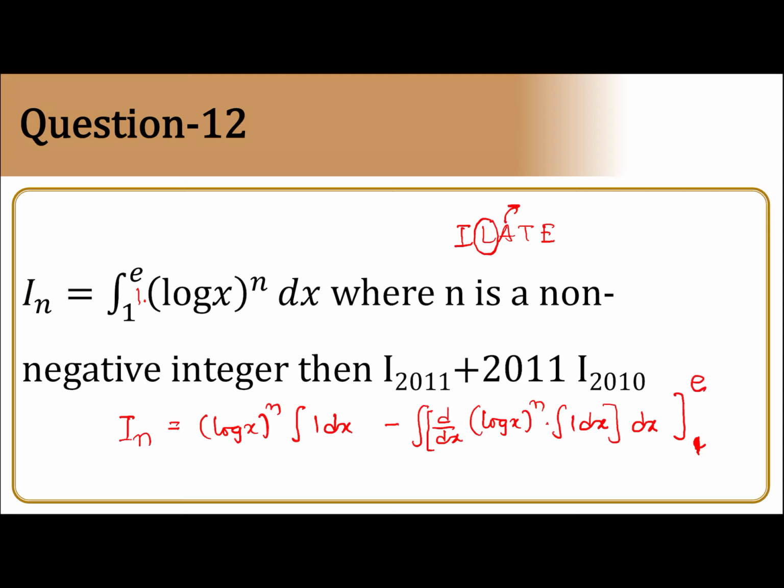So we know log 1 is 0, log e is 1. So we substitute that value. What we get: I_n equals e minus n into I_(n minus 1). Why so?